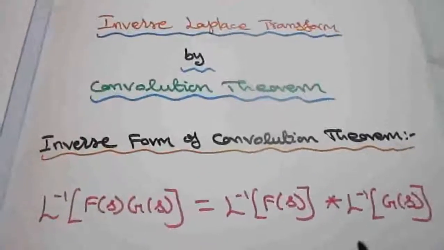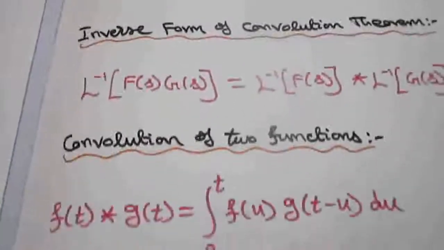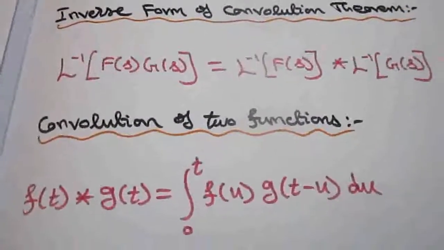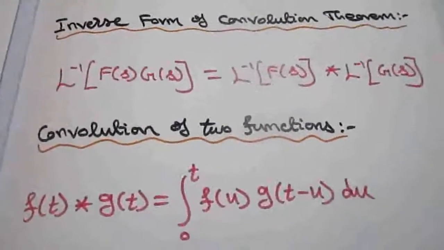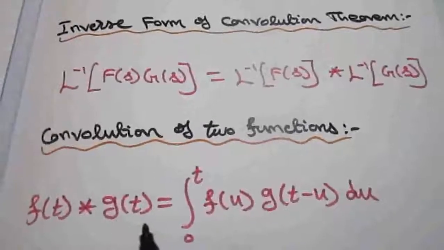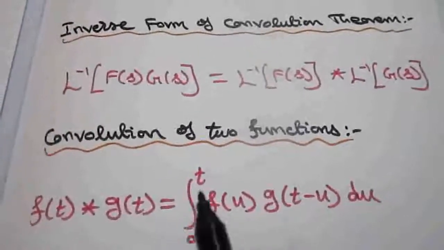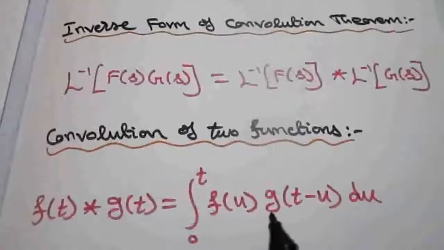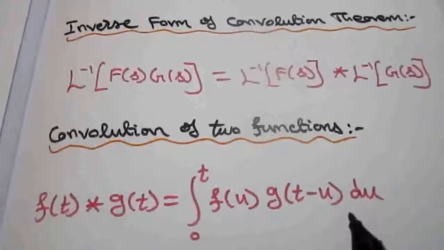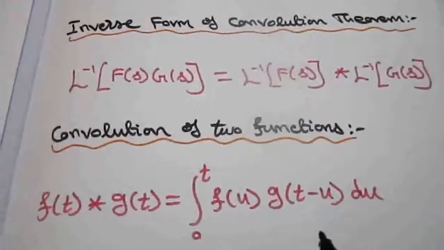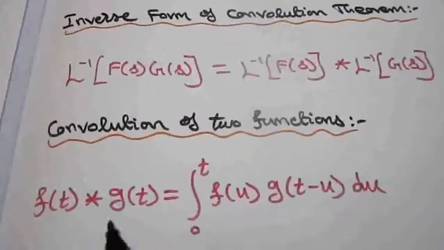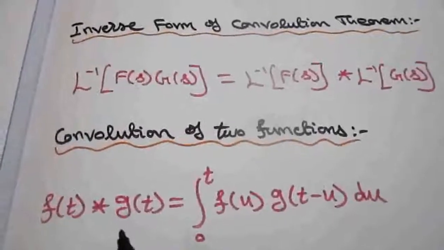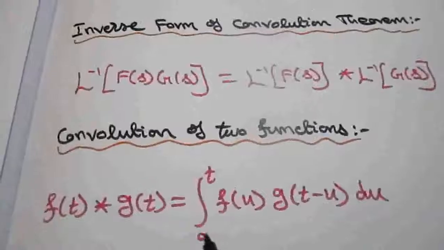To solve this problem, we want the convolution of two functions. The convolution of two functions is f(t) star g(t) equal to the integral from 0 to t of f(u) into g(t minus u) du. This is the formula for the convolution of two functions. That means the removal of the star; to remove the star, we have to apply integration.